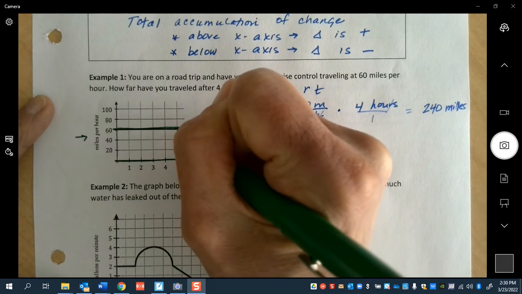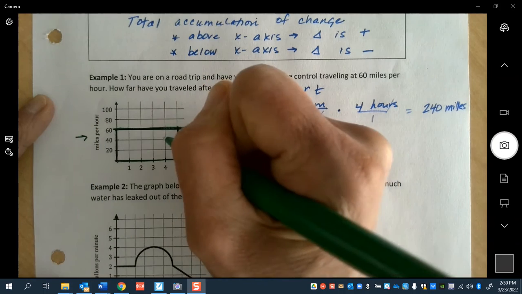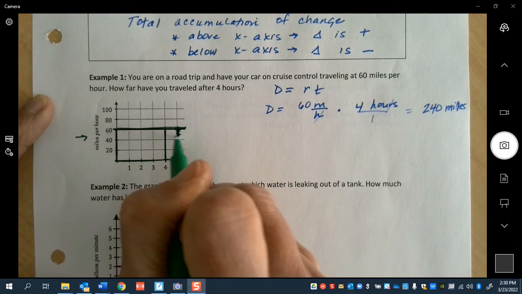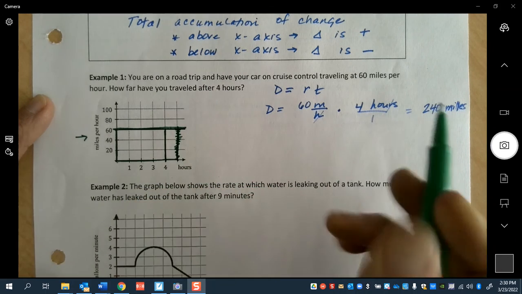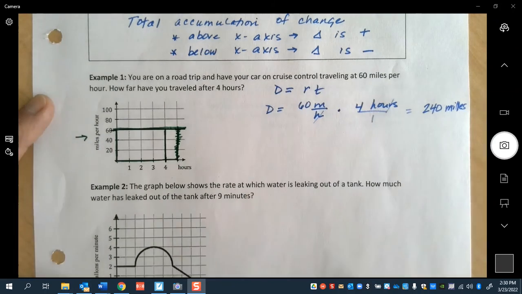So when we look at the 4-hour boundary, whoops, here's our 4-hour boundary, not this guy. 60 miles an hour for 4 hours.